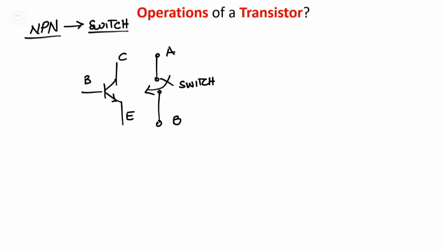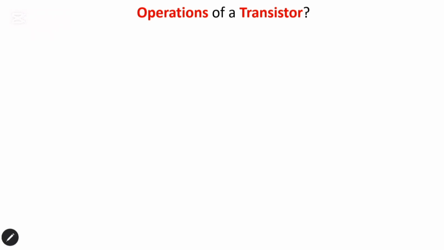In most automation where you need to control the switching in an electrical circuit, that's where you can use a transistor. I will now draw a simple circuit which will help us understand how the transistor can be used as a switch. This is the base again, collector, and the emitter.